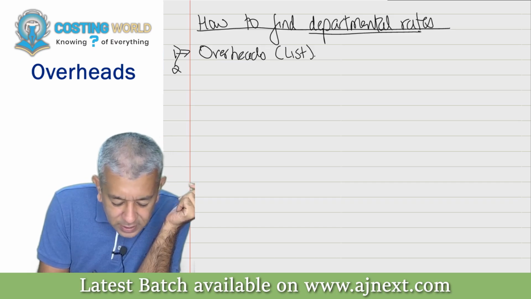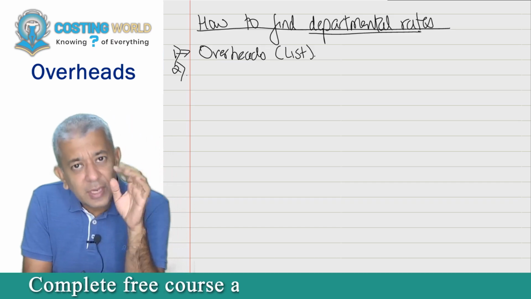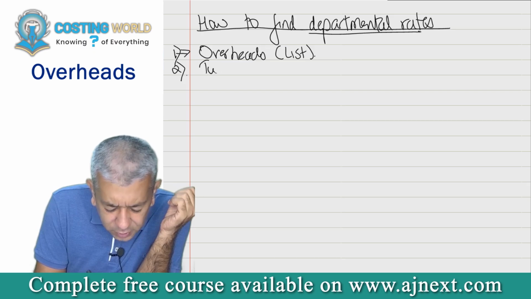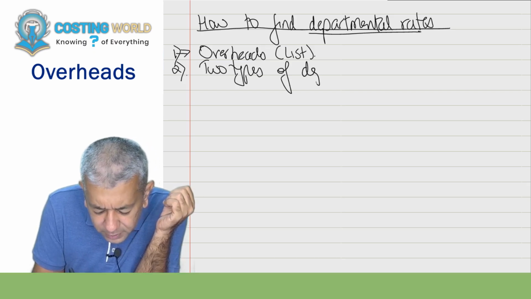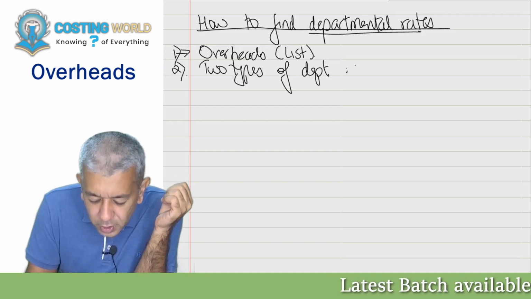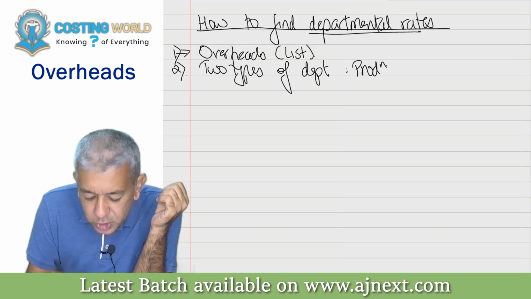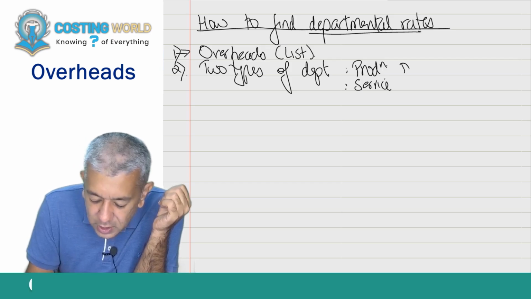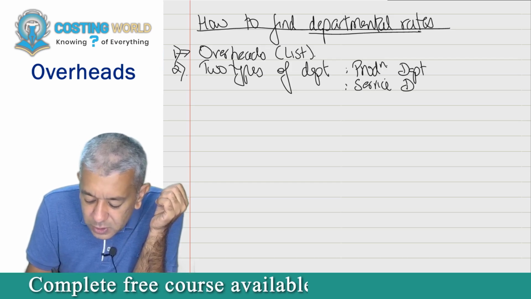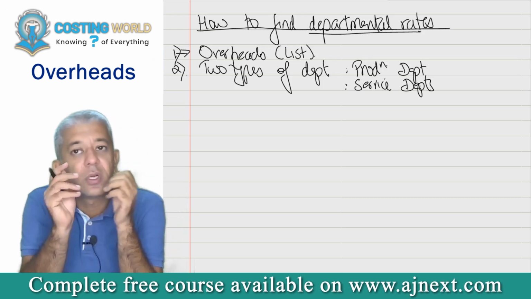Second step. Second, divide your entire company into two types of departments. Now, which two types? You'll have something called production departments. You have something called service departments. Now, production departments means what?